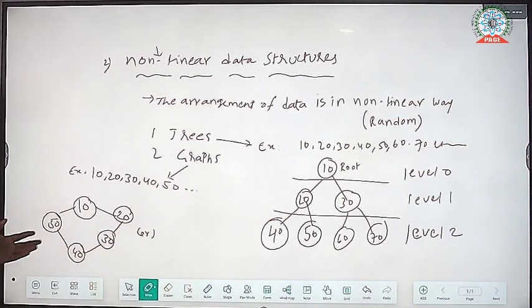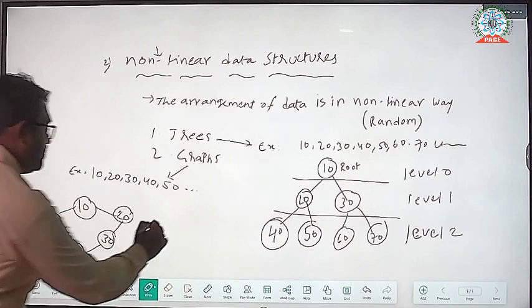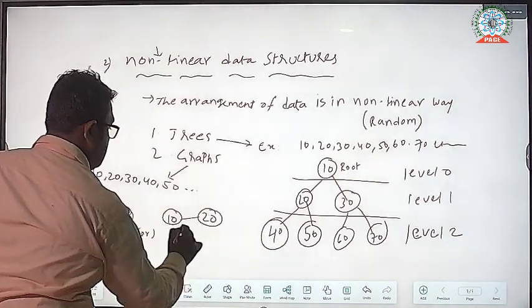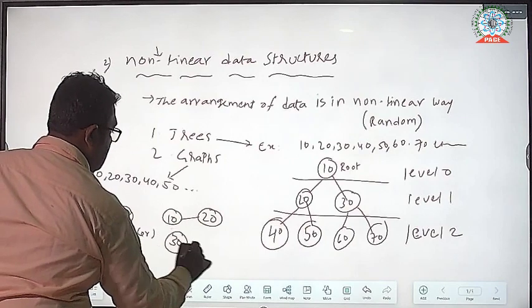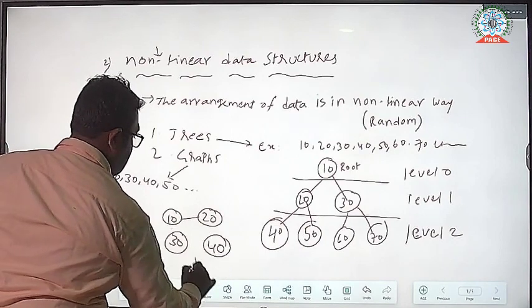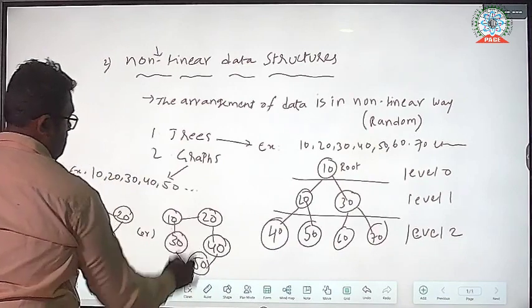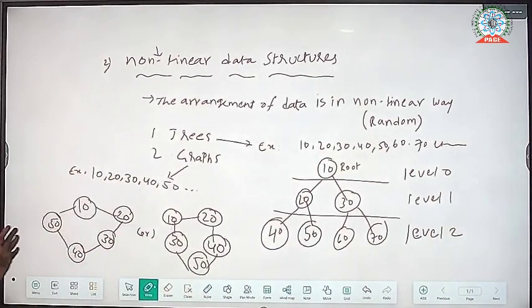That means the graph can be in different ways. 10, 20, 30, 40, 50. So this is another way. So in many different ways we can represent the graph data structures.